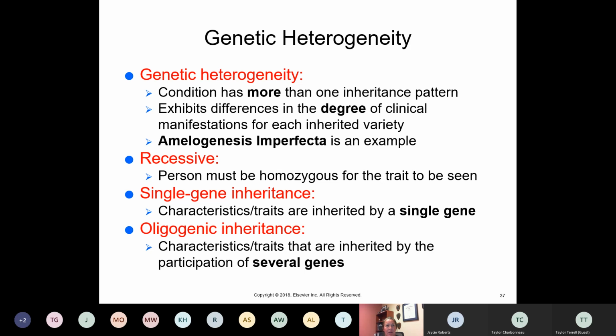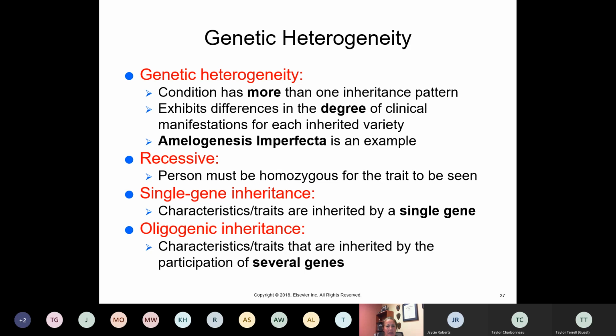Amelogenesis imperfecta, dentinogenesis imperfecta, those are all inherited oral or dental conditions that we see. And that is an example of how it might be mom had it and now daughter has it, and it's not as bad in daughter, or vice versa. So that's the differences in degrees of clinical manifestations that we're talking about.